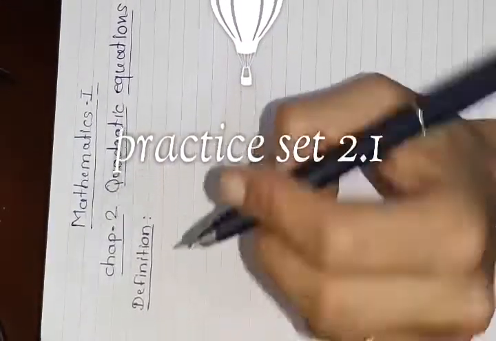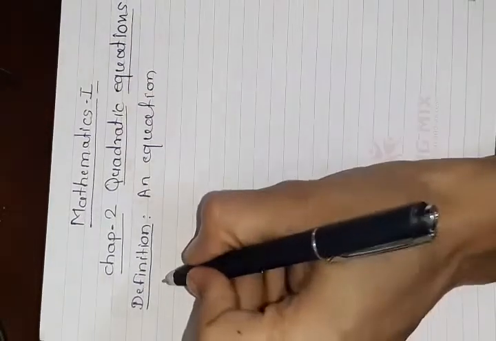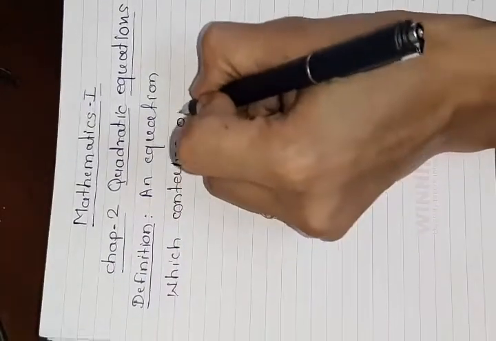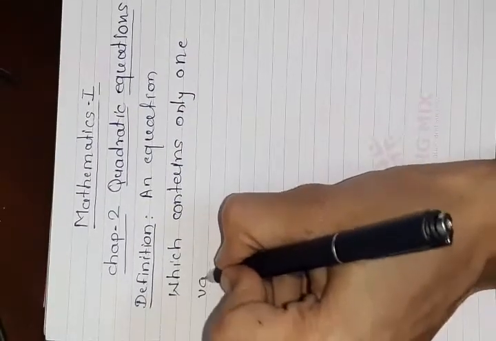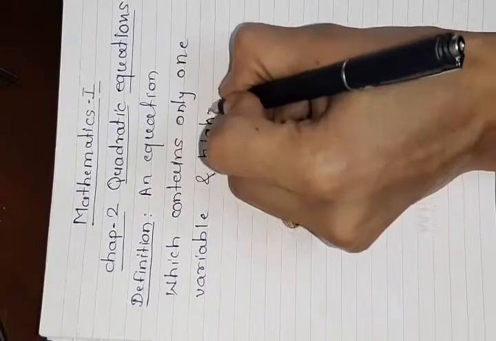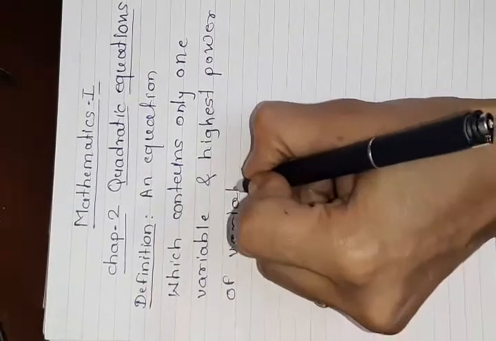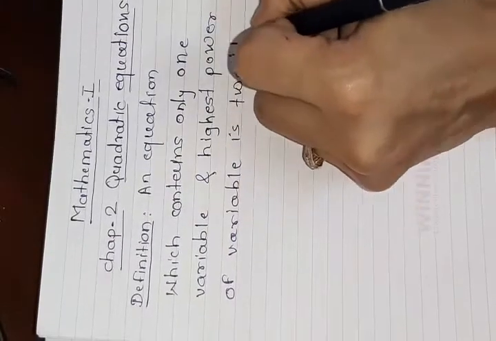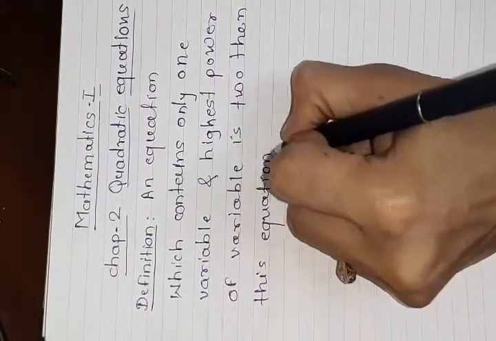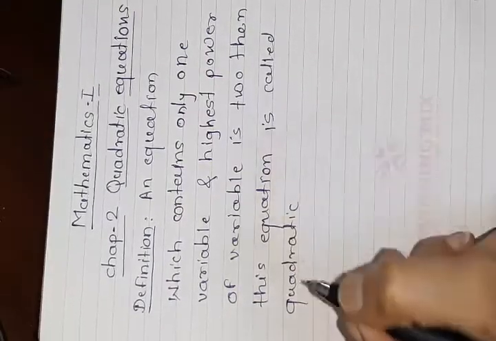So first of all, definition of quadratic equation: an equation which contains only one variable and highest power of variable is 2, then this equation is called quadratic equations.